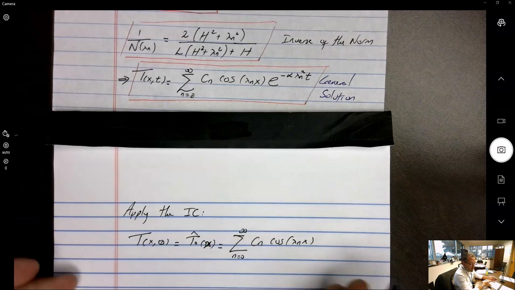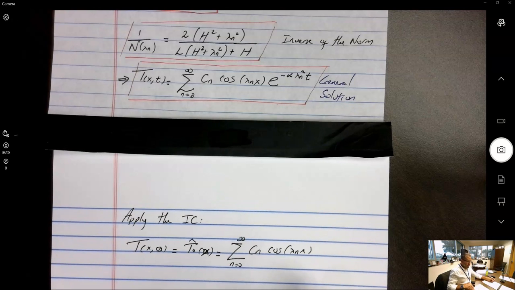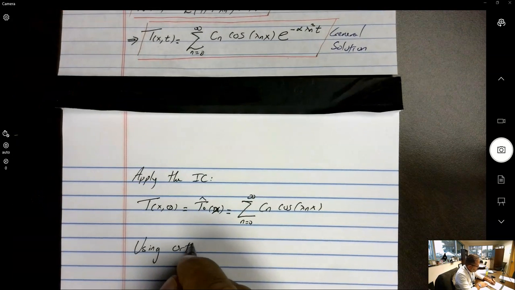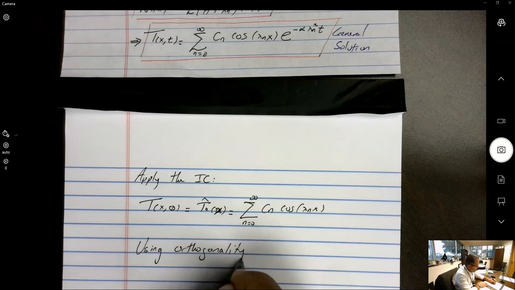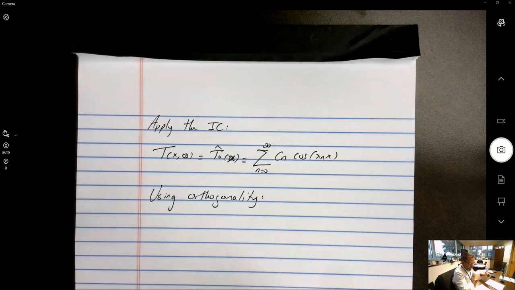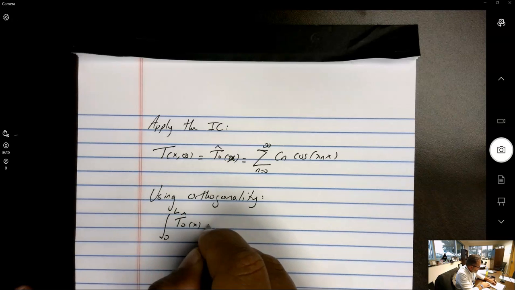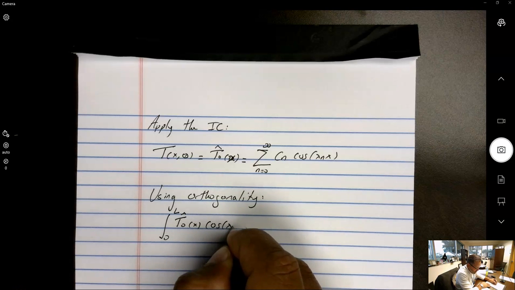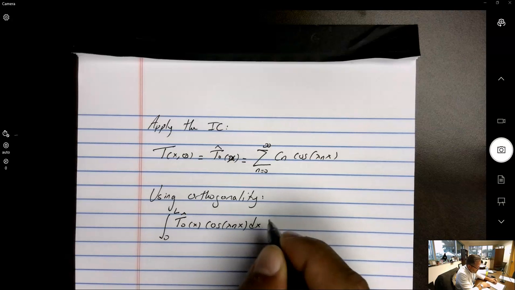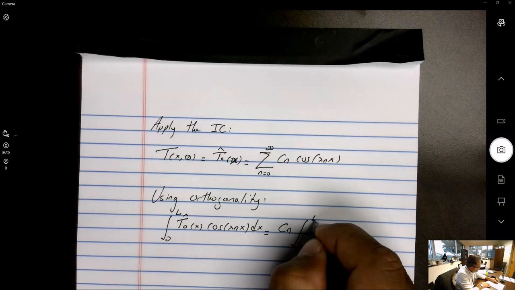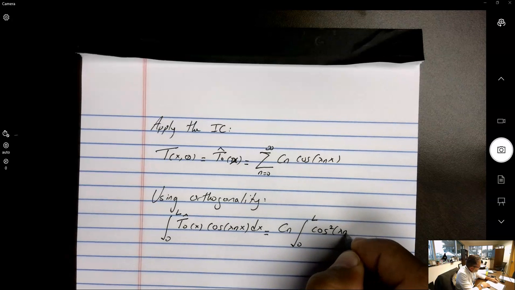So it's very simple. Using orthogonality, we multiply times the cosine on the left and on the right. Using orthogonality, we get that the integral from 0 to L of T0 of x times the cosine of lambda n x dx is equal to Cn times the integral from 0 to L of the cosine square of lambda n x dx.